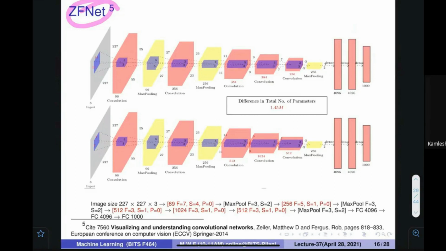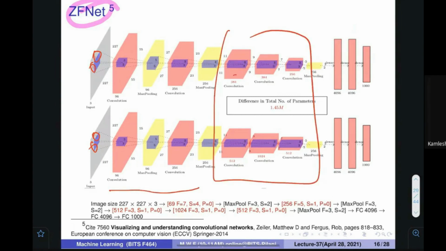The first improvement was this: AlexNet was using 11 cross 11 over here. They said I'm going to use 7 cross 7. Many other things were the same, but instead of 384 they put 512, and instead of 384 they put 1024. Instead of 256 they put 512. So everything is increased at this particular place.